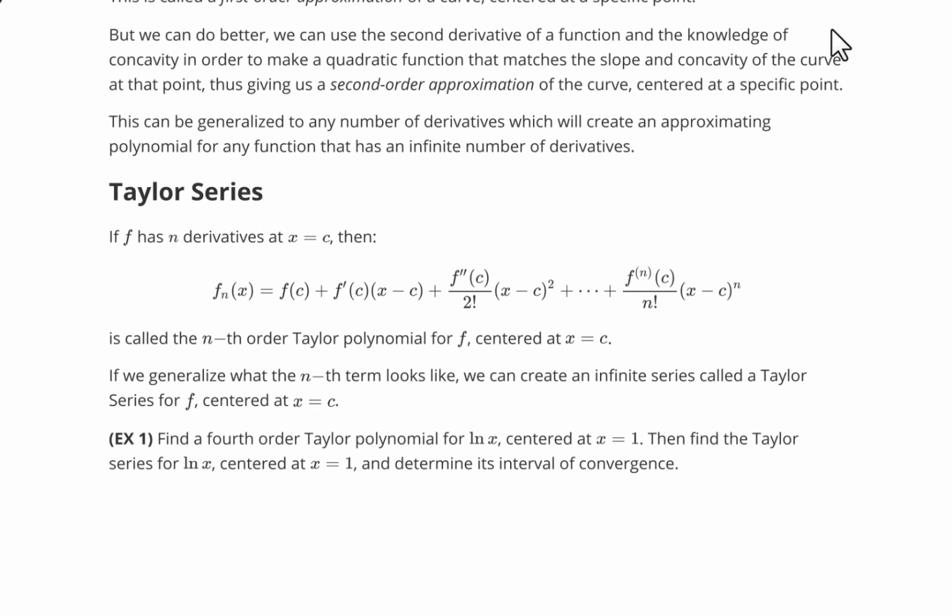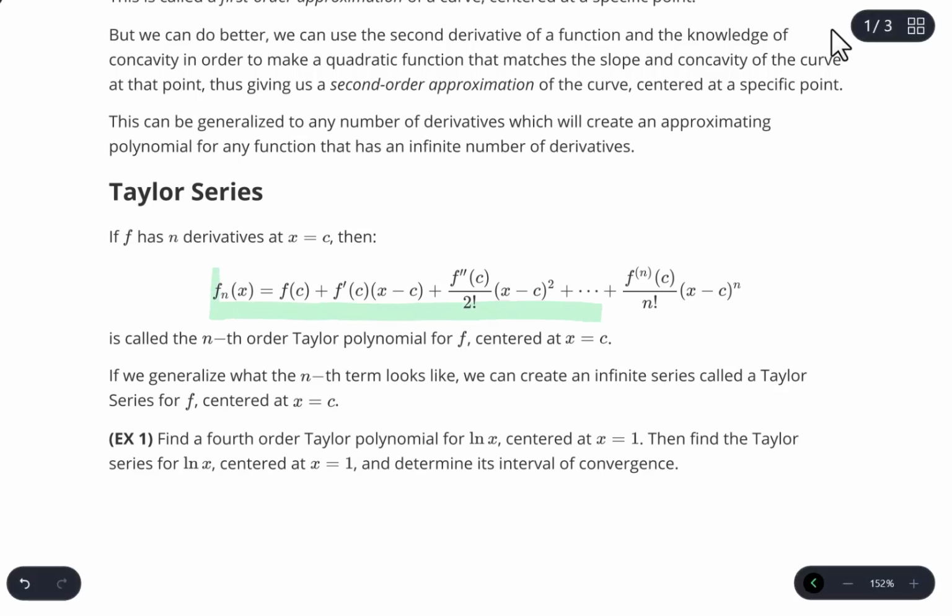So a Taylor series says that if a function f has n derivatives at a point x equals c, then, and I know this formula looks intimidating, but we'll parse through it here.